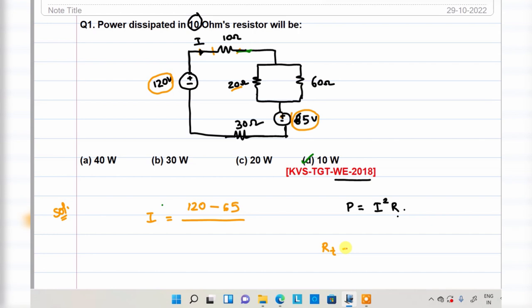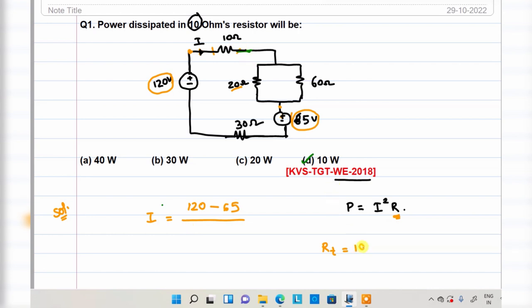So RT, total resistance. This resistance is different. To find out the power, you use this resistance only, the 10 ohm, because they are asking about power dissipation in the 10 ohm resistance. But while you find the current, you need to consider all resistances connected between these 2 points.